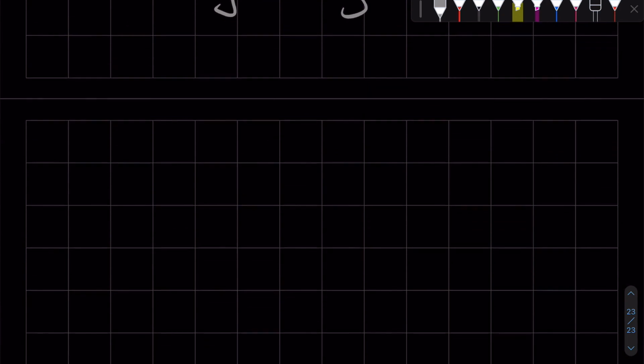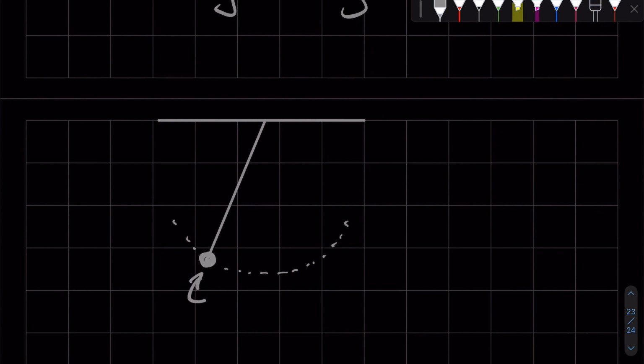So for example, if I have a simple harmonic oscillator in 2 dimensions, a pendulum which is free to swing in a 2-dimensional plane, but it follows the arc of a circle as it oscillates. So superficially, the position of the bob of the pendulum is given by 2 numbers.